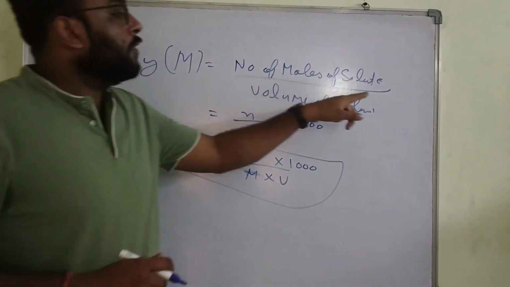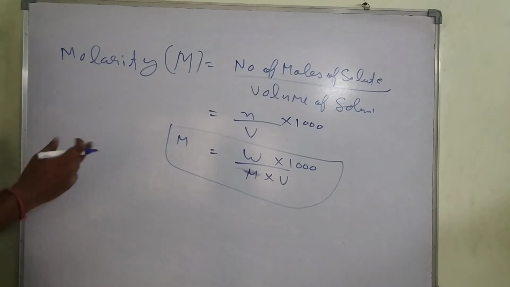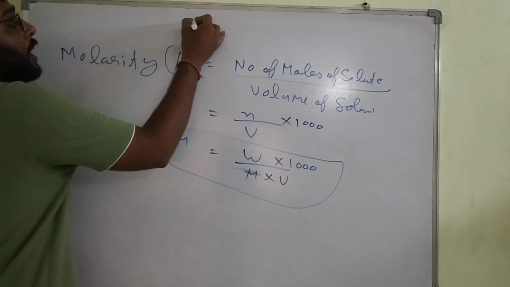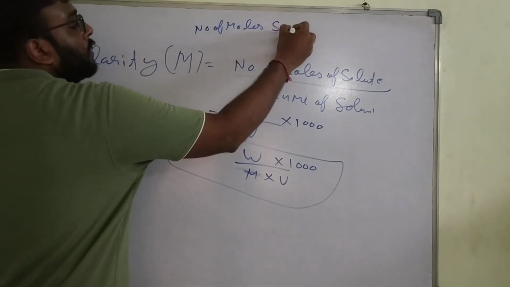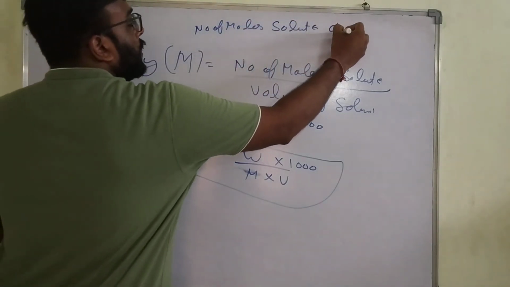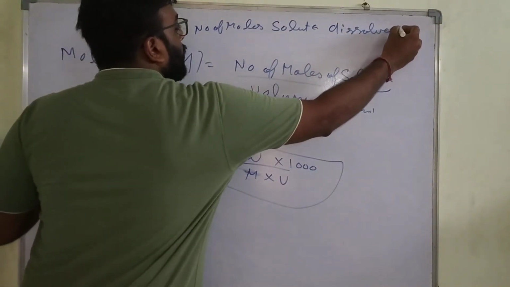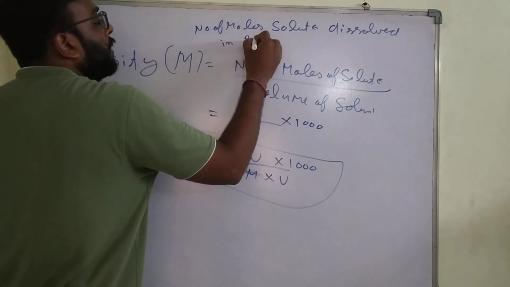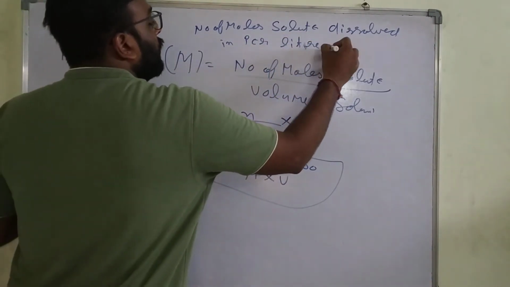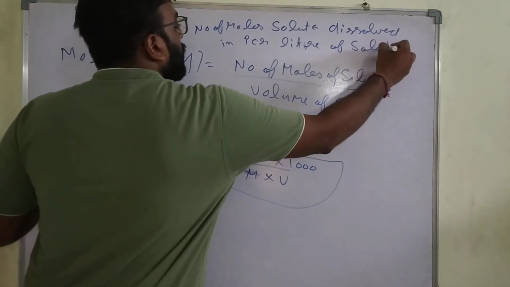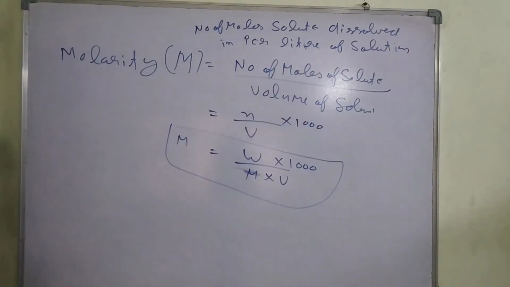Number of moles of solute dissolved in per liter of solution represents the molarity, N by V into 1000. Are you getting my point?